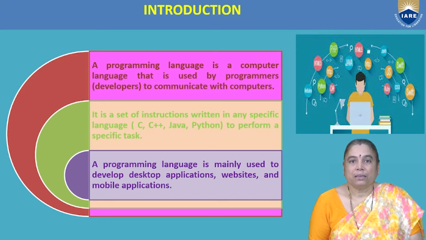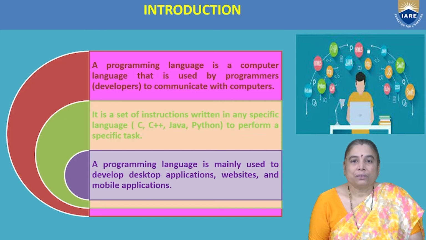By using any familiar programming language, the user can construct the program or instruction in order to perform any intended functionality by the computer. So a programming language comes under the category of software.